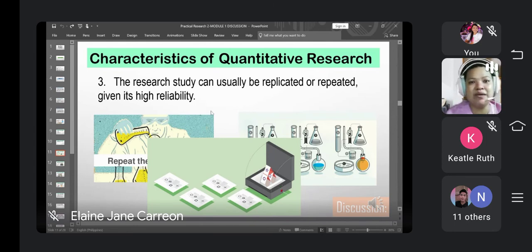So, ibig sabihin, kung meron mga phenomena na nag-i-exist pa noon at nag-i-exist pa rin ngayon at gusto nyong gawan ng study, kunwari, teenage pregnancy, nag-i-exist pa rin ba yun hanggang ngayon? Oo, yes, nag-i-exist siya kasi mas dumami pa nga ngayon kasi nga pandemic eh. Tapos nasa bahay lang, so marami silang oras.